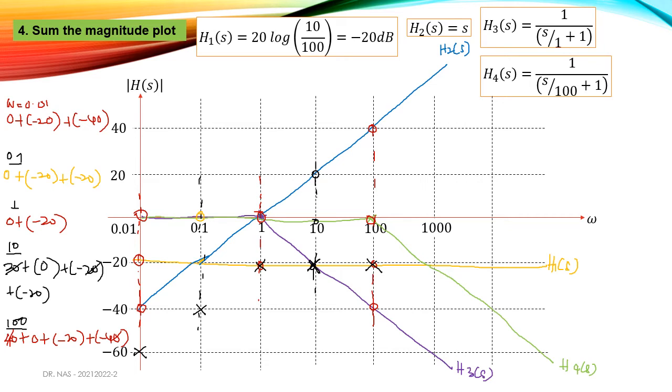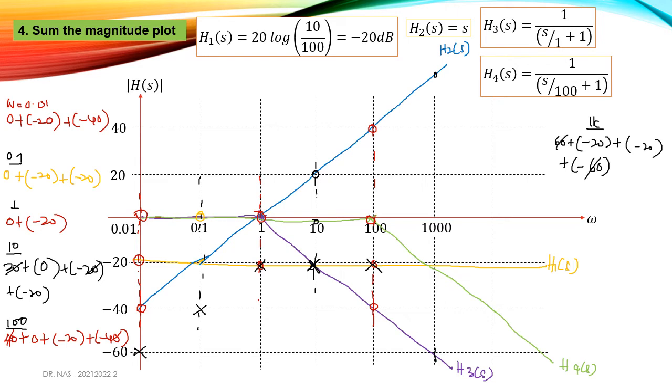And then at 1000, again you have here the pole, so it is 60, plus the yellow line negative 20, plus the green line negative 20, and then plus the purple line negative 60. So negative 40.